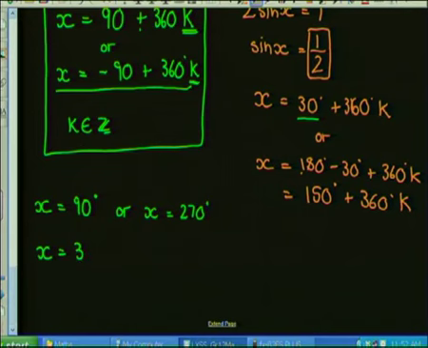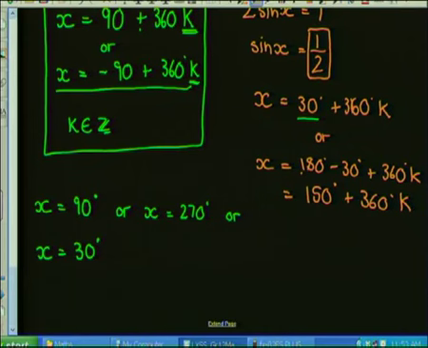So we then say, or x is equal to 30 degrees. Substituting a +1, we would get 360 plus 30. That falls out of the interval. Substituting -1 in, we would get negative 360 plus 30, which falls out of the interval as well. So we do not worry about those values.